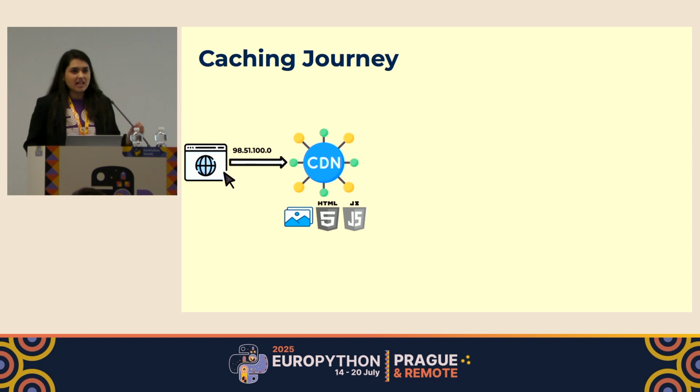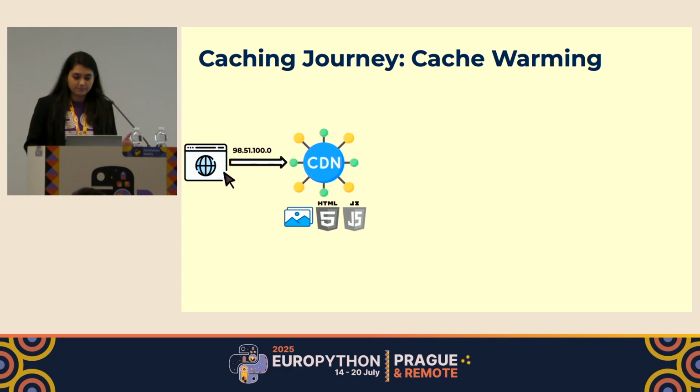At times, such caches also prefetch or preload content into the cache before it's even requested by the users. This technique is called cache warming, in which we essentially warm up the cache. Now it helps us reduce latency and improve user experience, especially during traffic spikes.